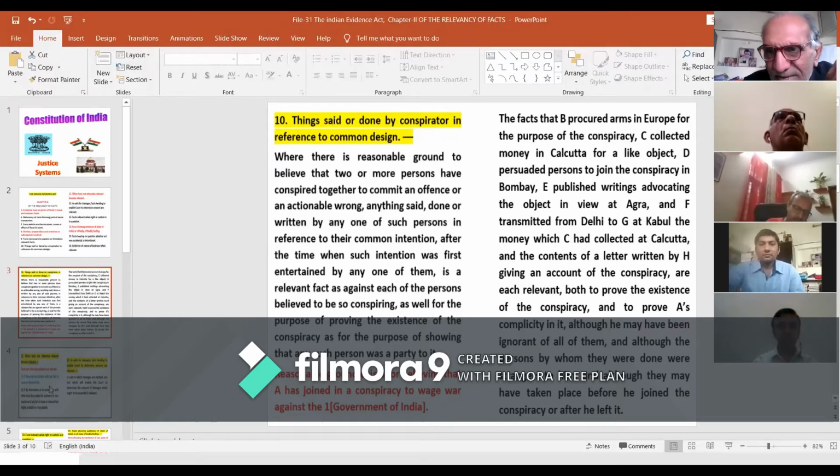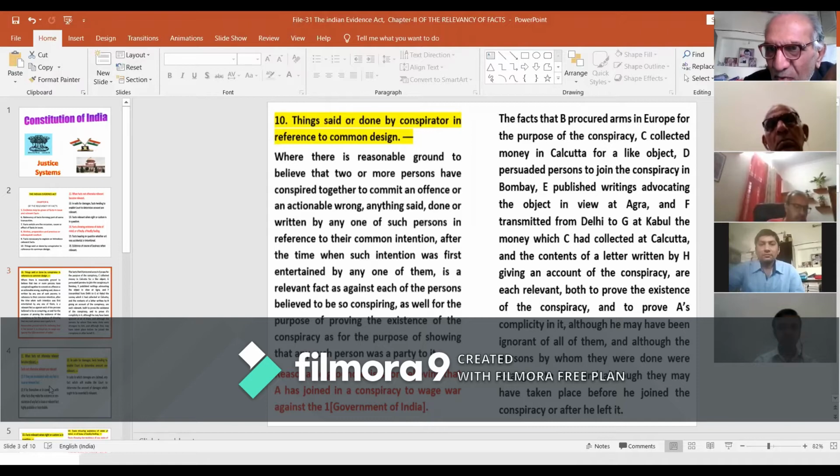So see, what is the generic basic feature of this section? That if there are two or more persons, and they have conspired together, then in that situation, the act done, anything said or written by one of the conspirators, that becomes relevant.